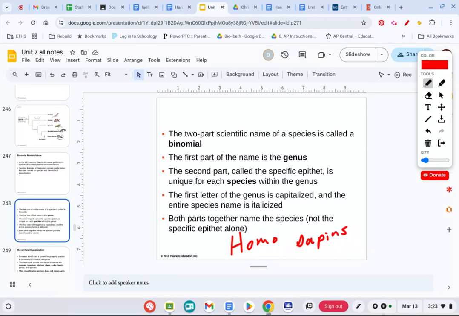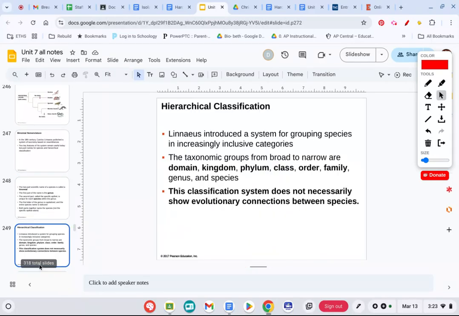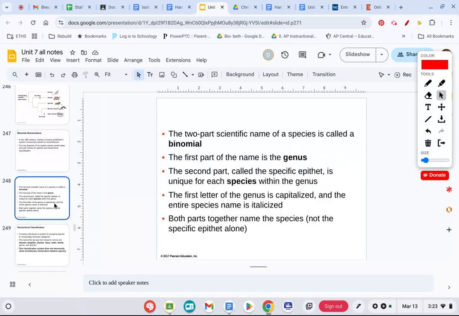Okay, and then the whole thing would be underlined, or now that we have computers, we can just use italics. That tells me that's a genus and species name, and that's a specific organism. And that was used for many, many years, but we realized that that wasn't always the best way to do things.